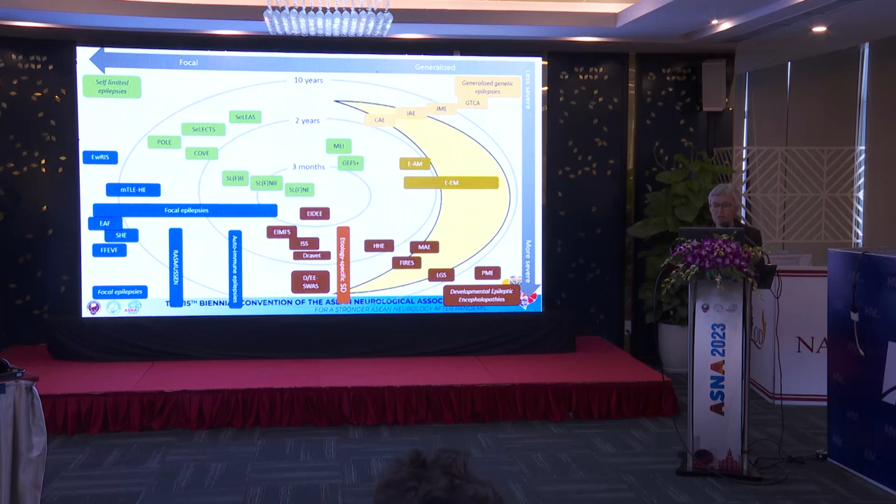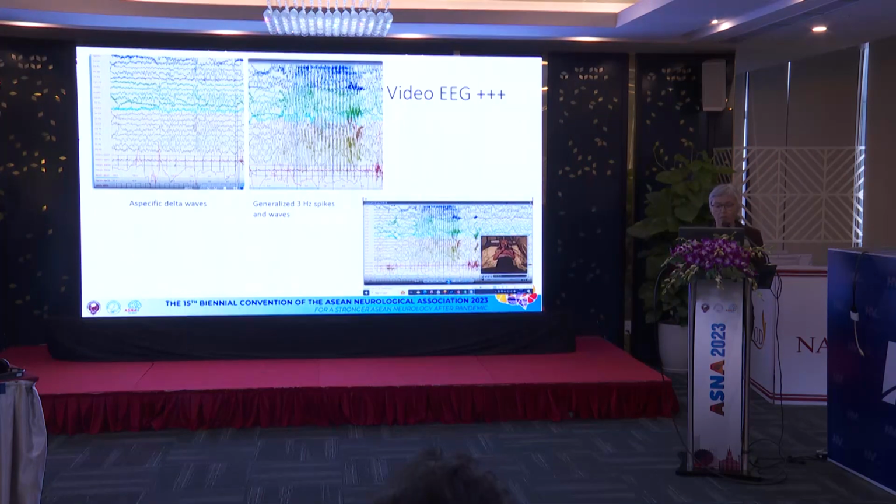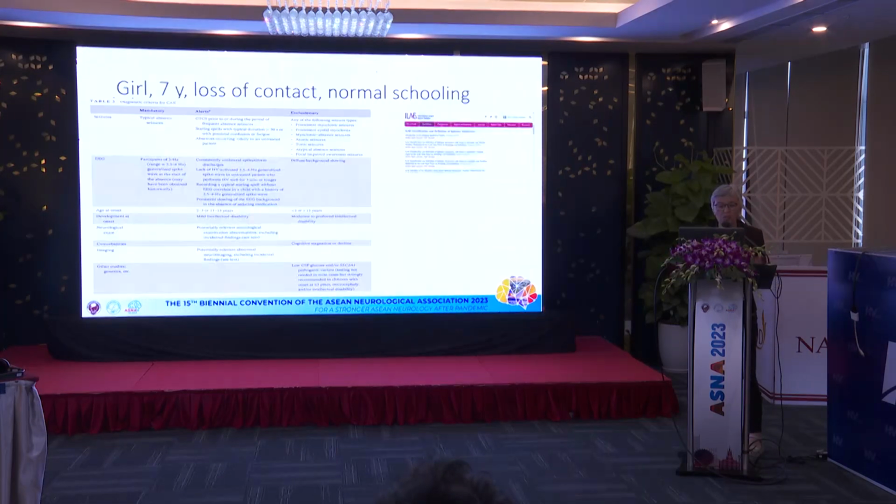Okay, so if now you have to go to the detailed syndrome description, you have in this very useful new paper about the classification, where you can find again seizure type, EEG, age of onset, development, neurological exam, comorbidities, imaging, etc. Okay, so when you go there for this girl, she has normal schooling, she has typical absences, normal development.